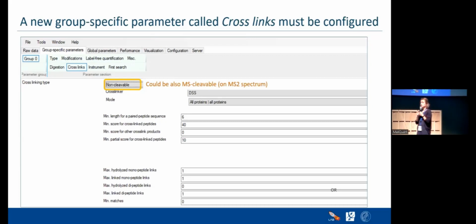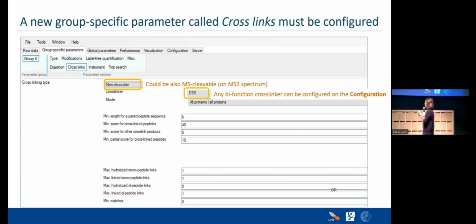In your experiment, you will know which one it is, and based on this, we will have some different settings. Here are some defaults. The minimum length we have is 6. It's a bit less than the typical search because we have two peptides, and in total we will already have a minimum peptide length of 12. And then we also have the minimum score.